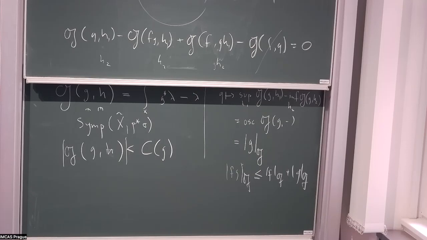There is one more thing to explain. I'm interested in this group. There I was speaking about this group, symplectomorphism of semibounded color. So I claim that there is an embedding.